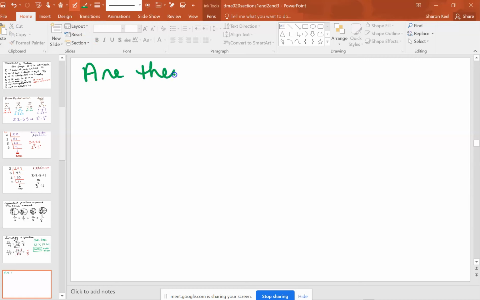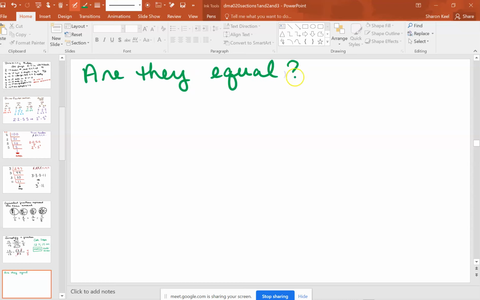Are they equal? One way that you can determine if fractions are equal to each other, if they're equivalent, that's the word that we'll be using because the numbers are not identical. If I want to know if things are equivalent, let me start with something like this.